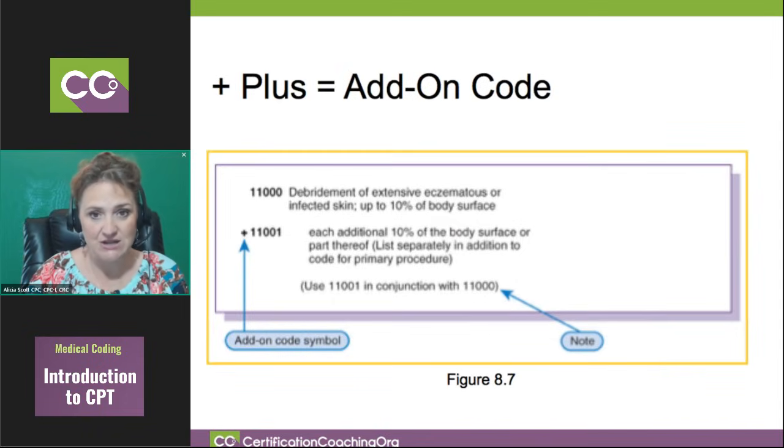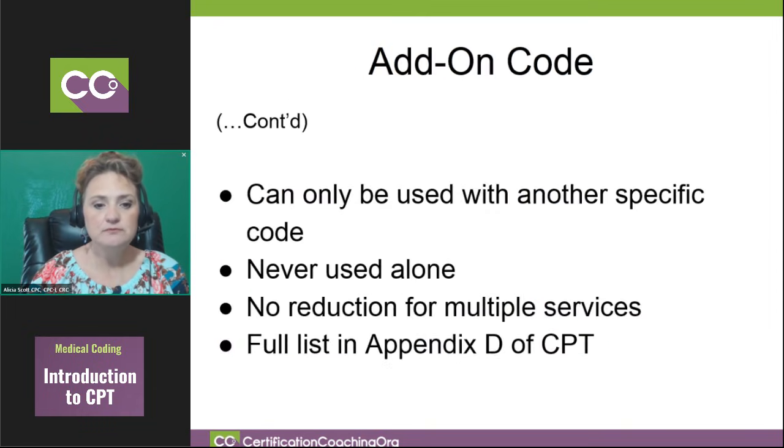You will be tested on that. That is classic guidelines that you'll see in multiple choice options. Okay, so be very, very aware of that. You can only use the add-on code with another specific code, and it would be listed after that. You can never use it alone, like I said.